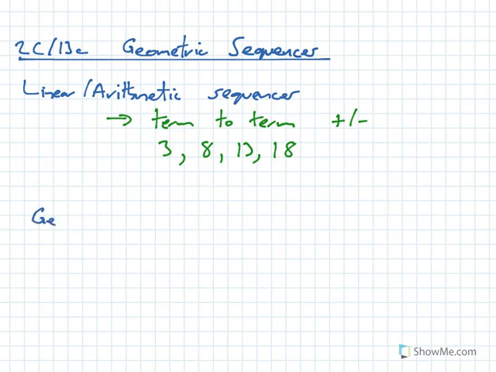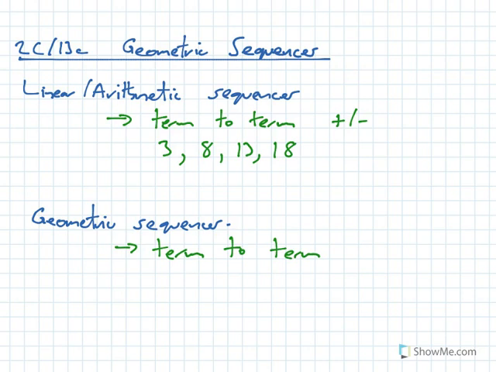So in geometric sequences with a term-to-term rule, you need to multiply by a constant. So for instance that constant might be 3, or that constant might be 5, whatever it might be.